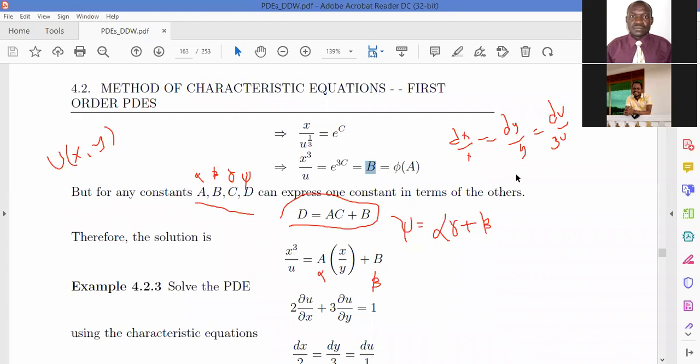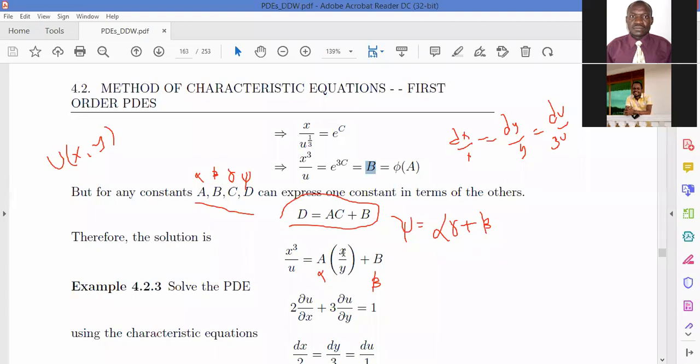So it is what we are looking for, which is in terms of U. If it were possible, we would simply make U the subject. Of course, we could by multiplying by 1 over x to the 3, then it comes this way. So you have this in terms of U, which is equal to, we now generalize that in terms of the first solution, which was independent of U. That is the A into x over y.